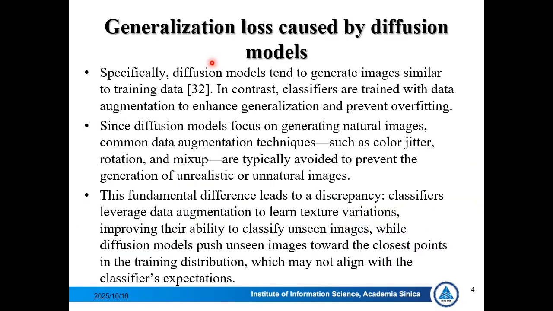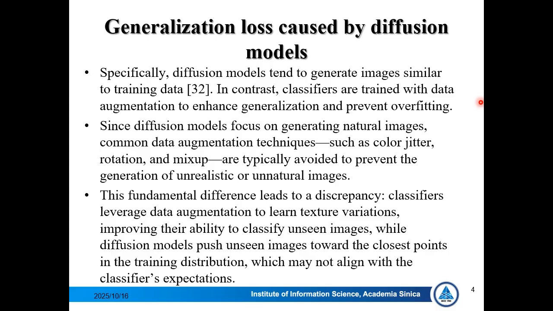We explain more about generalization loss caused by diffusion models. Diffusion models tend to generate images similar to training data. In contrast, classifiers are trained with data augmentation to enhance generalization and prevent overfitting. Since diffusion models focus on generating natural images, common data augmentation techniques such as color jitter, rotation, and mix-up are typically avoided to prevent the generation of unrealistic or unnatural images.